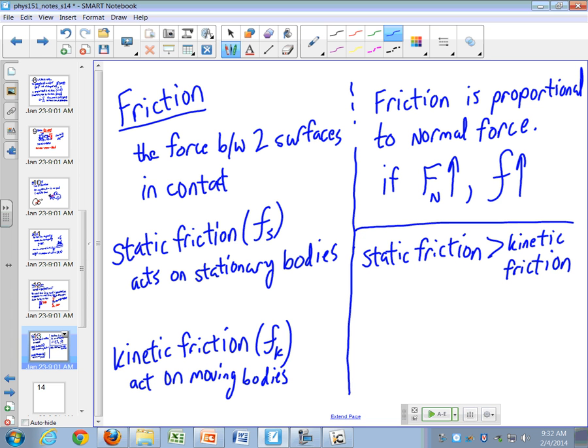If you have a big box in your house and you want to push it across the floor, or a big piece of heavy furniture, it's always more difficult when? To get it started or to keep it moving? To get it started, right? You have to have an initial big push to get it moving, but after you get it moving, then it's a lot easier because the kinetic friction is less.